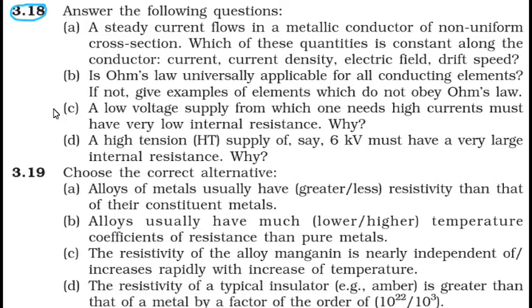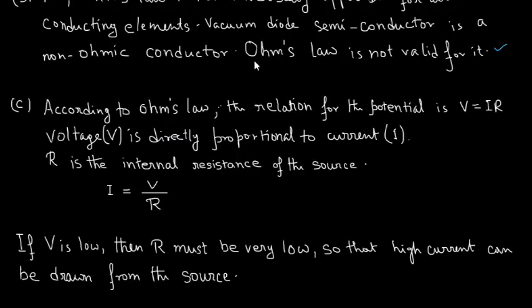Now let us see part C. A low voltage supply from which one needs high current must have very low internal resistance. Why? So the solution to part C is, according to Ohm's law, the relation for the potential is V is equal to IR.